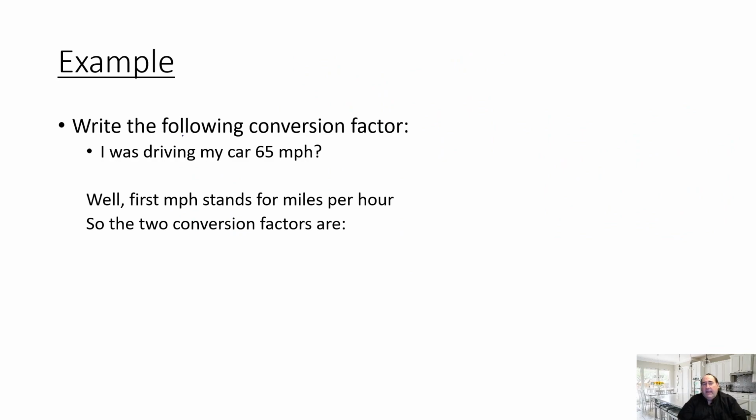If we were driving a car 65 miles per hour, so whenever we have 2 sets of units, miles per hour, the per basically means fraction. So miles over hour. So this basically means that we would have 65 miles over 1 hour, or in 1 hour, we can travel 65 miles in that particular time period.